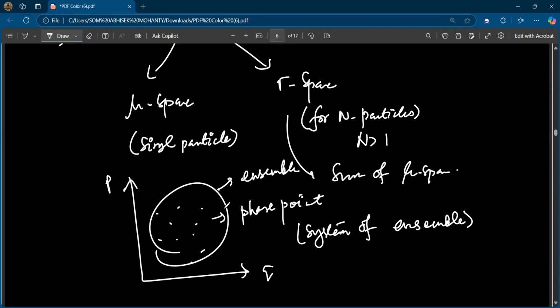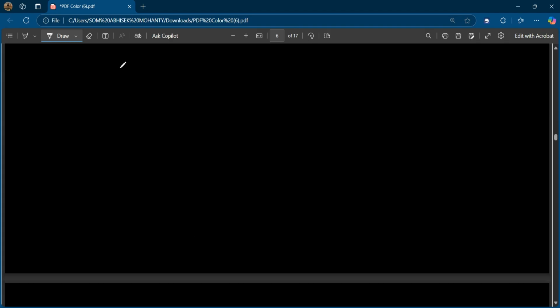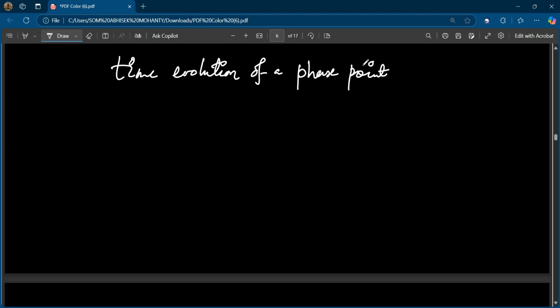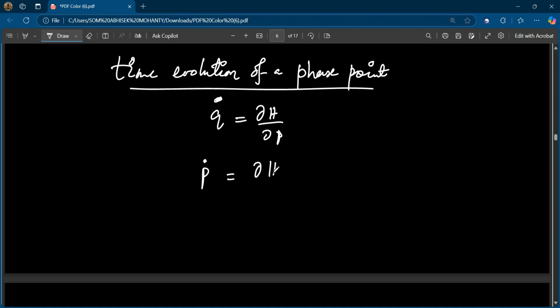A phase point evolves with time. The time evolution of a phase point can be represented by the Hamiltonian equations: q dot is equal to del h by del p, and p dot is minus del h by del q, where h is the Hamiltonian, the total energy of the system.